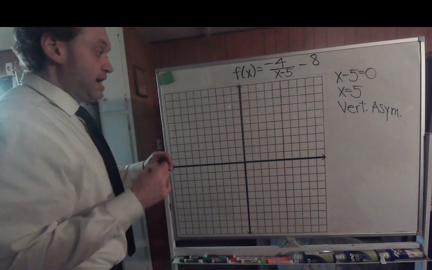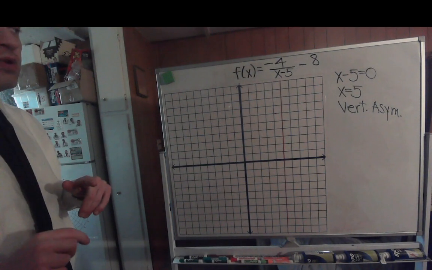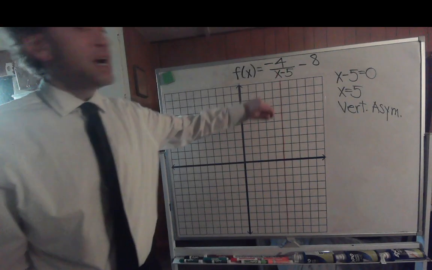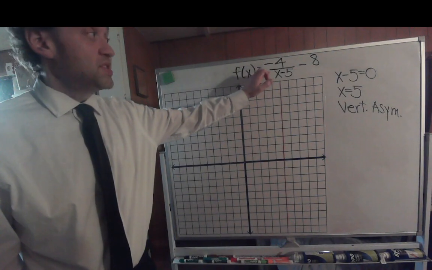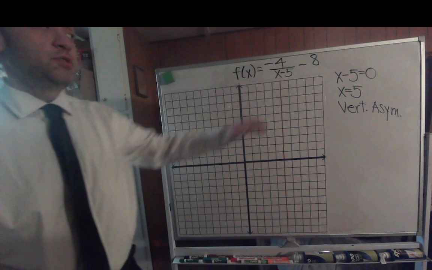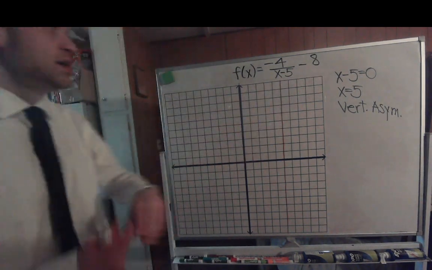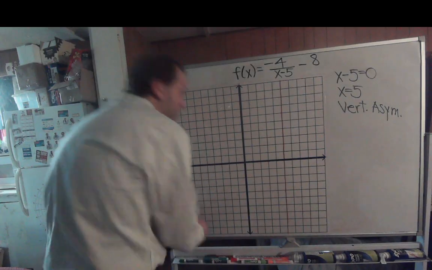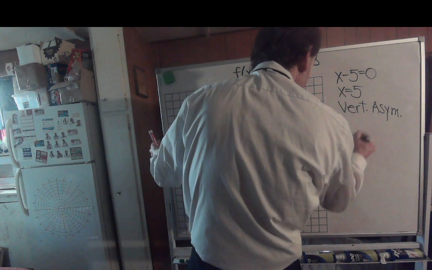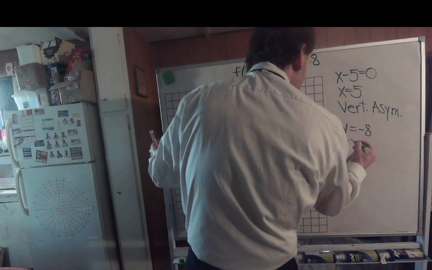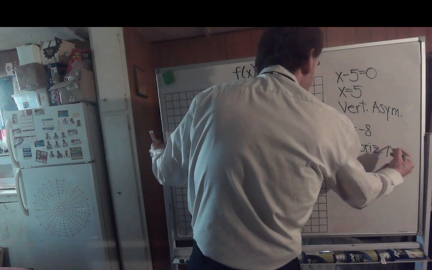All right, now what about the horizontal asymptote? Well, again, a constant divided by a linear x expression gives you a default horizontal asymptote at y equals 0, but we're shifting everything downward 8 units. So really, y equals -8 will be your horizontal asymptote.